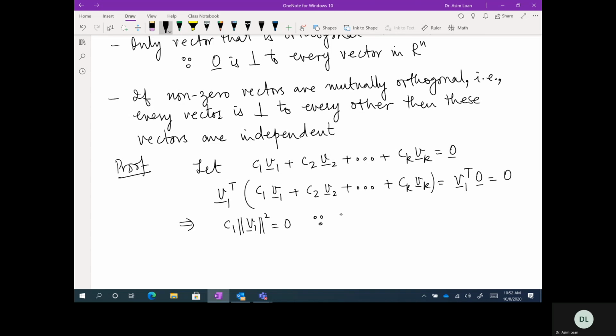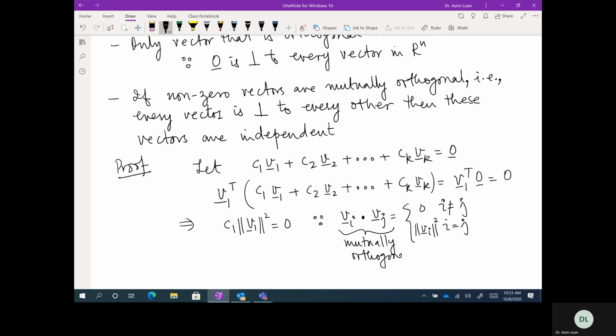Why? Because Vi dot Vj equals 0 when i not equals j, and equals Vi norm square when i is equal to j, because these vectors are mutually orthogonal.